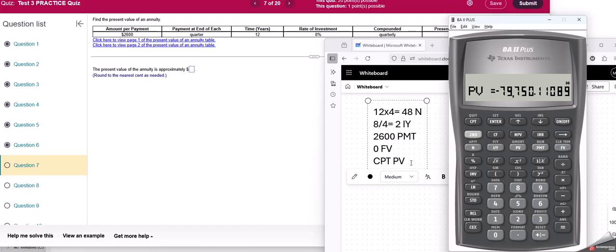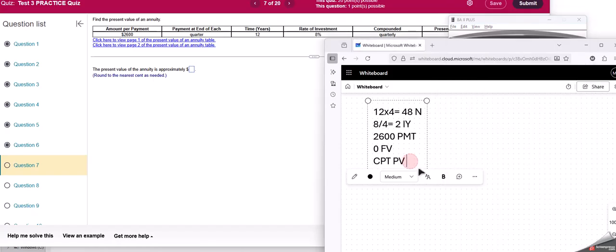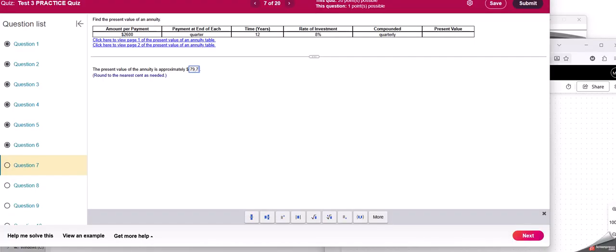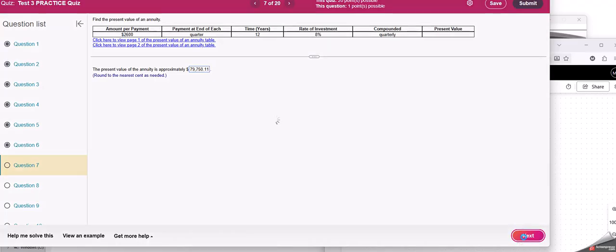So $79,750.11. So that is our present value of that future annuity.